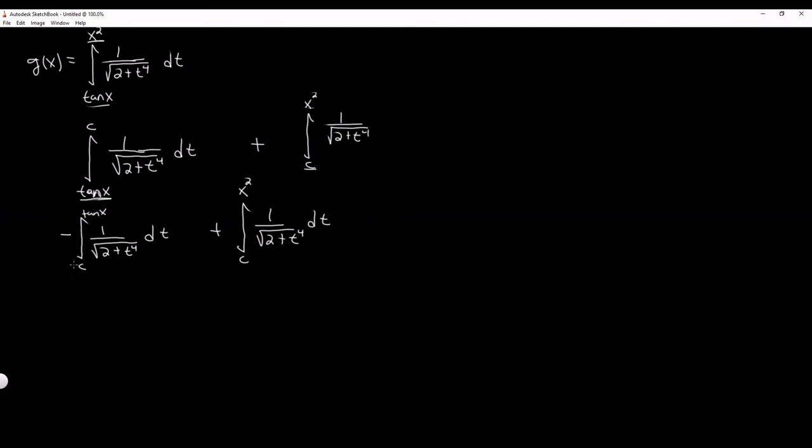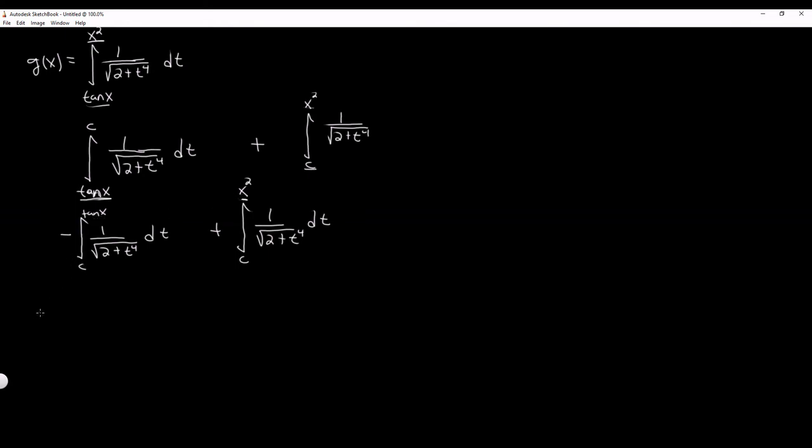And now we have it in the form that we need. We're going to replace t with tangent x. And since tangent x is something other than just x, we will then have to also multiply by the derivative of tangent x. And it's the same case over here.